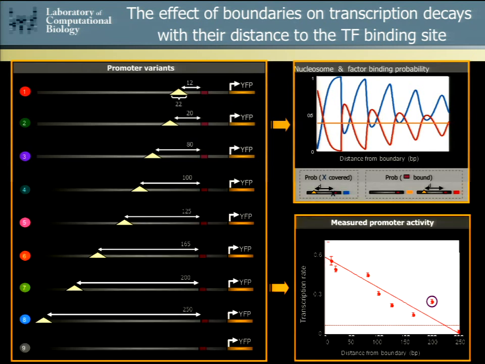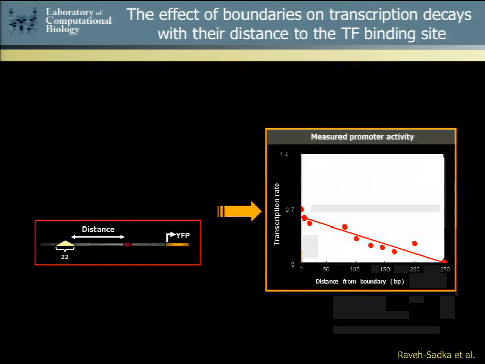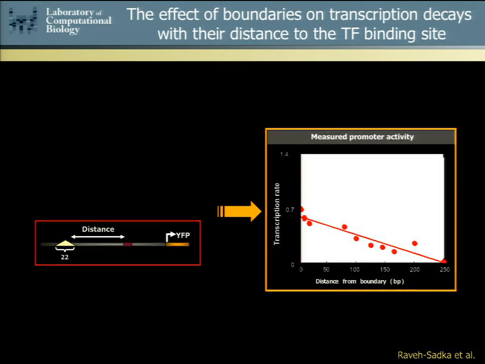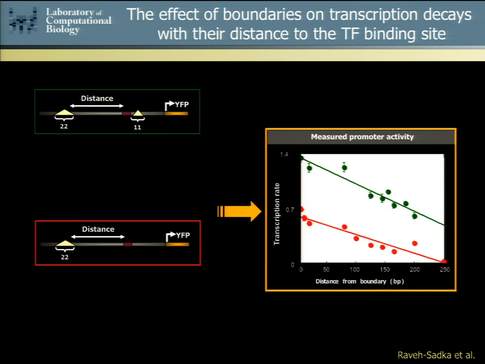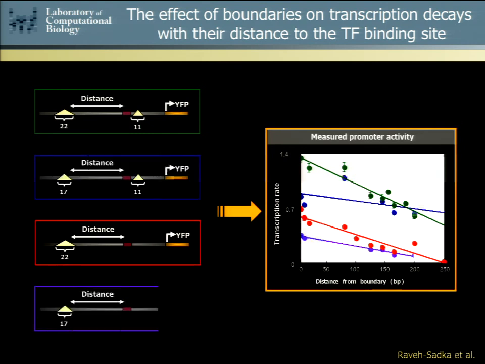Admittedly, the actual distances at which these things happen don't really match our theoretical predictions, and we really need more strains at finer distances to address this question. What I can say for certain is that there's definitely a monotonic decay component as you move the poly A site away from the GCN4 site, which is what you would predict. We also generated this in different backgrounds, and in all of these cases we see this general decrease, again with some notable outliers that would be interesting to understand in the future.